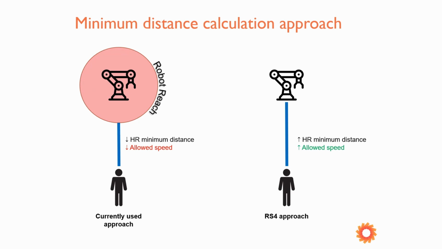This gives you a lower minimum distance between human and robot, and so a lower allowed speed. With RS4, the approach that we are trying to use is to measure both the position of the human and the robot at runtime. So we will have a lower minimum distance and a higher maximum allowed speed.